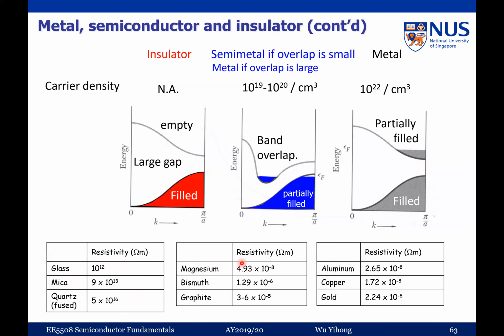And then magnesium, bismuth, graphite, these are metals, but you can see that the resistivity is much higher than copper or aluminum or gold. Graphite typically is a semi-metal, right? Also bismuth, so these are semi-metals. Okay.